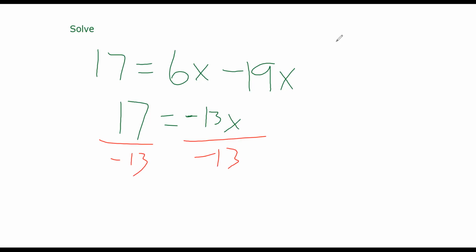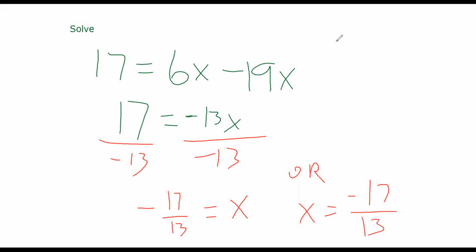We say that equations are symmetric, which means I can flip them. So, long story short, 17 over negative 13 is the same as negative 17 over 13 equals x. Or if you like your x's all on the left-hand side, because we like to read from left to right, you can write it that way.